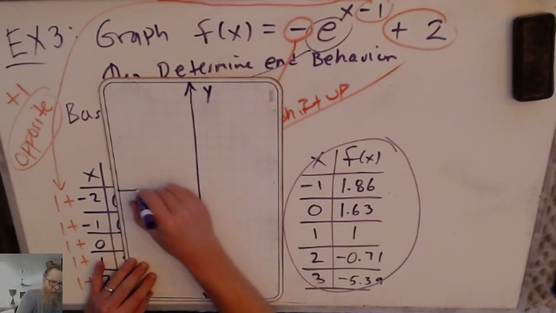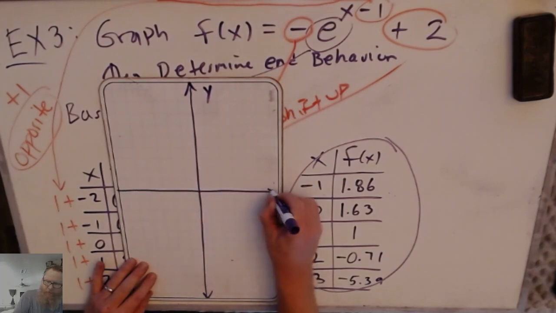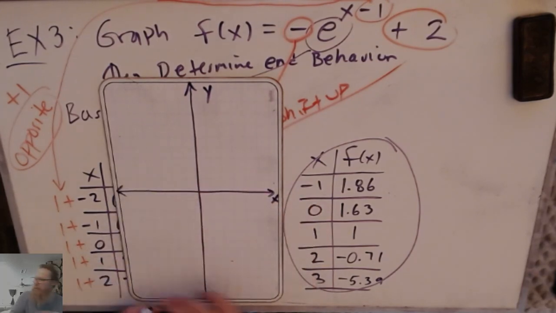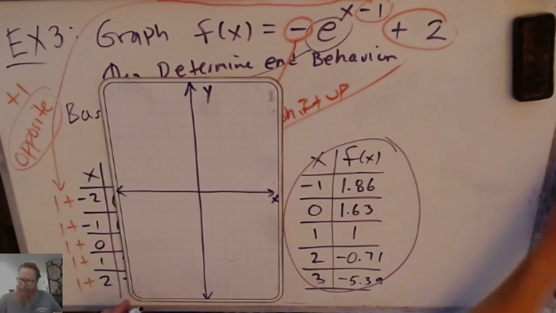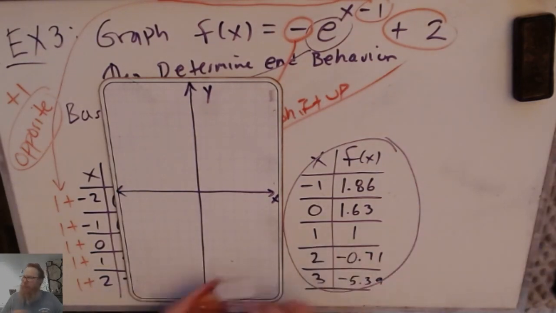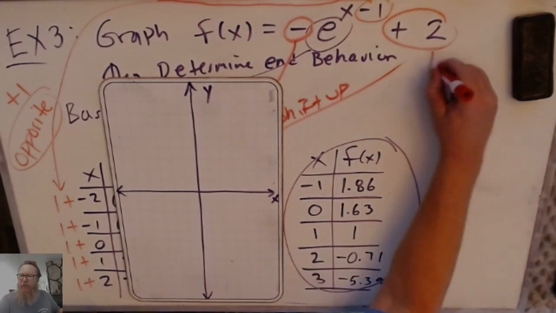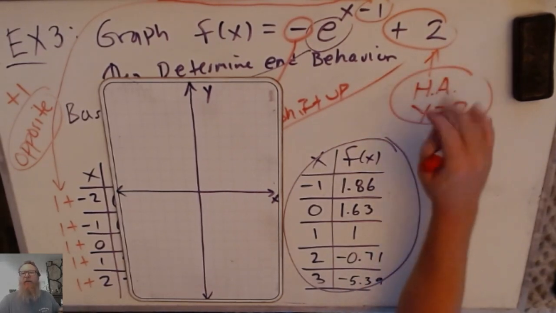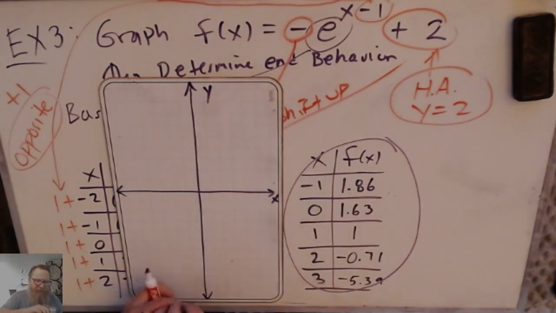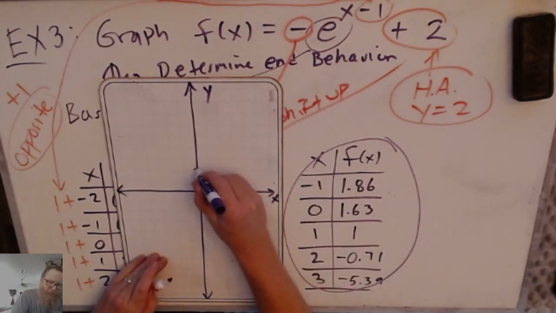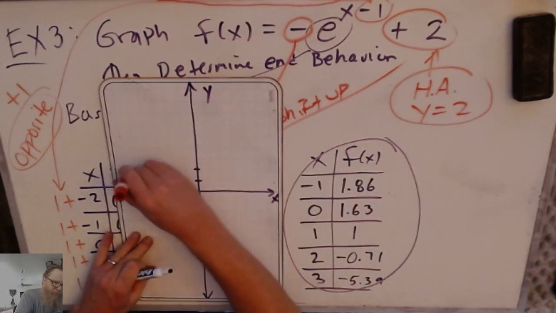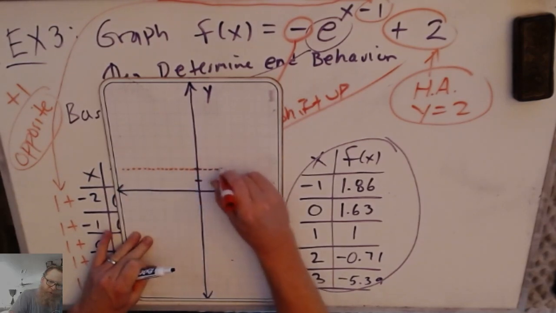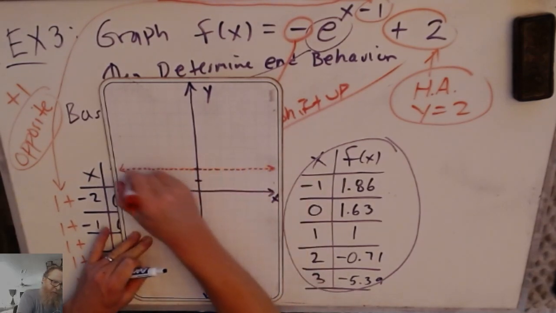There's my y. There's my x. Let's put the asymptote first, called the HA. Whatever the vertical shift is, that's your asymptote. It's very important on your homework that you graph that first.